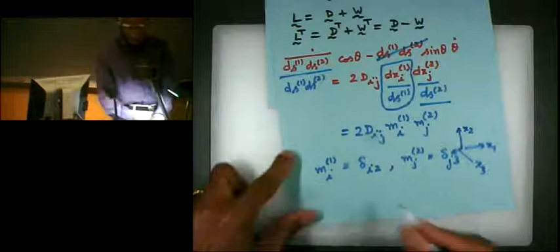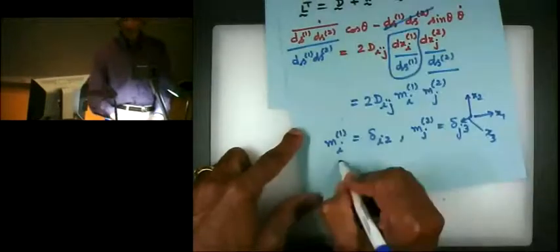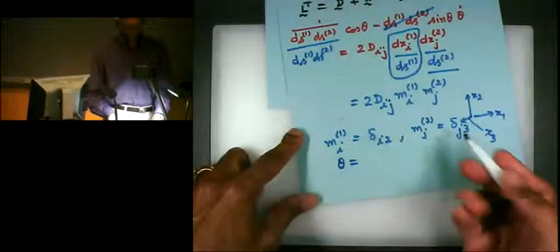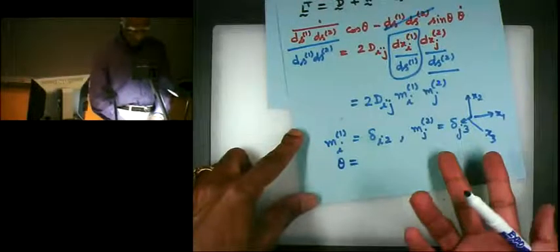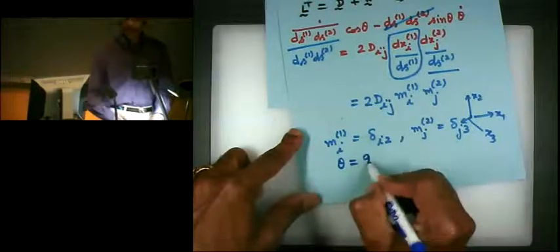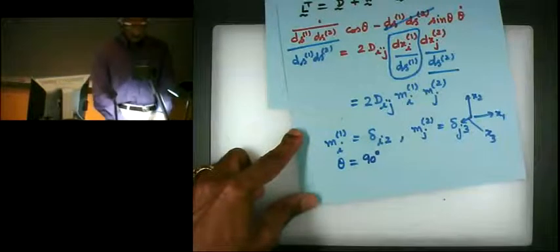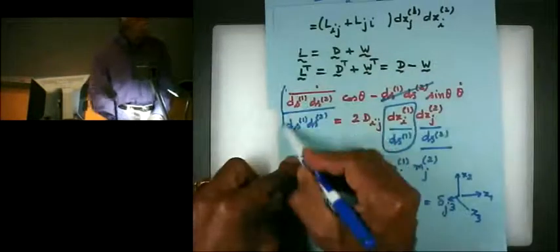Okay, so what do we get then? What is the angle theta between these two vectors? 90 degrees. And cosine of 90 is 0, so the first term vanishes. So we do not have to evaluate all that good stuff.